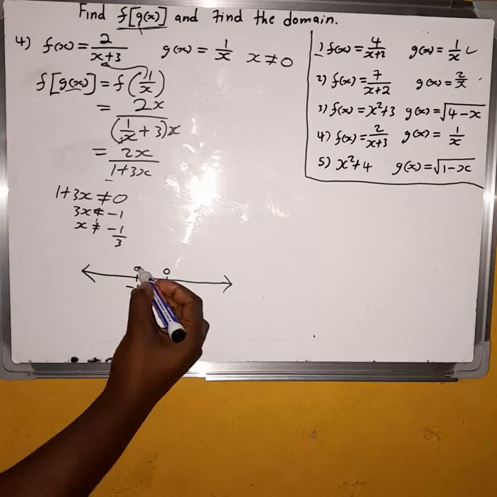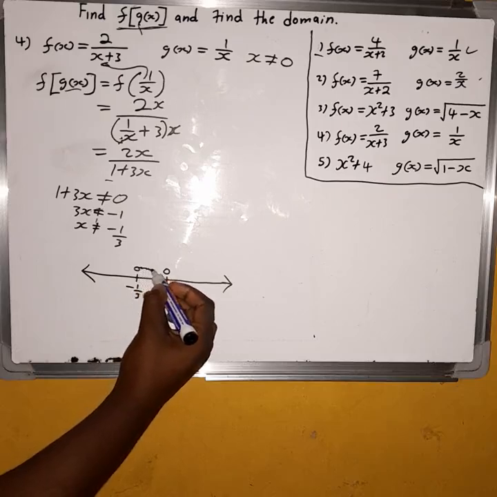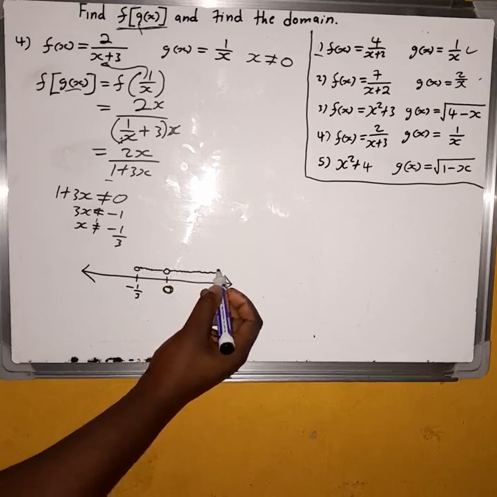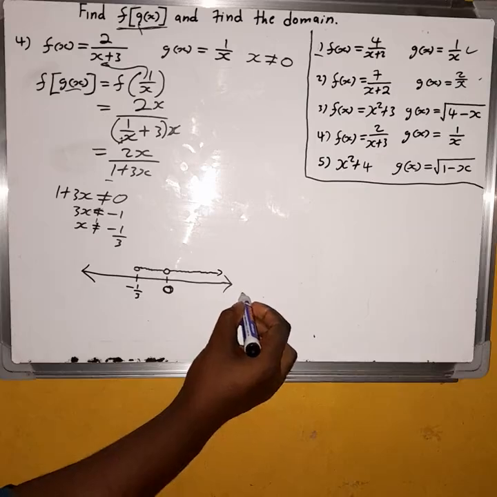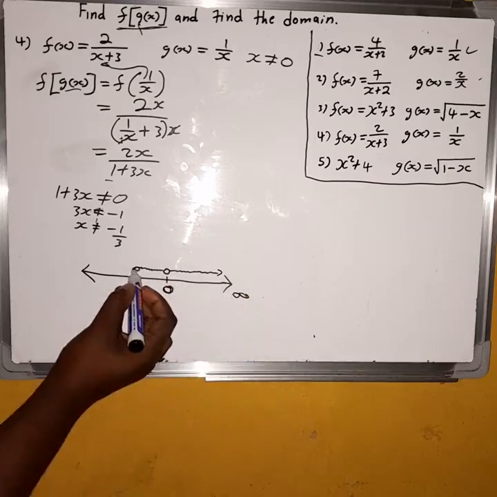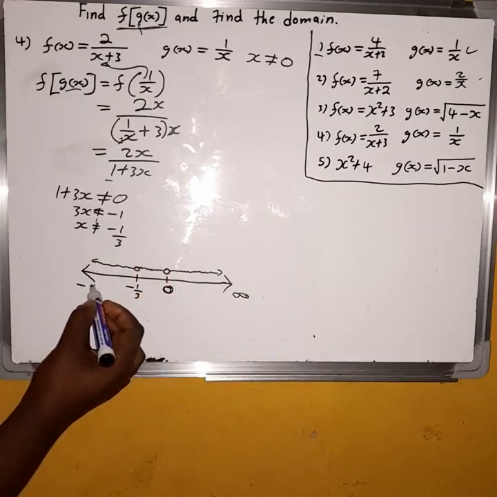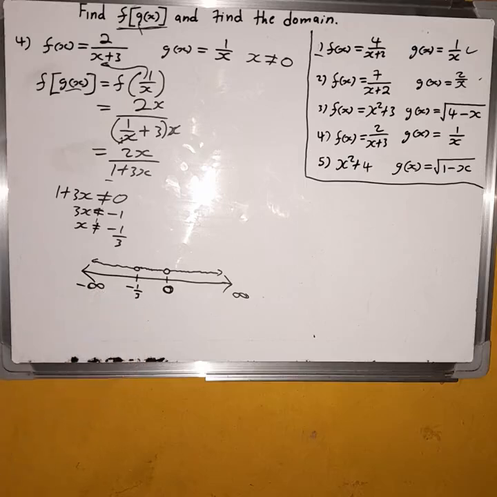That means x can be any number from here and any number until positive infinity. So that is it. Then use a number line.